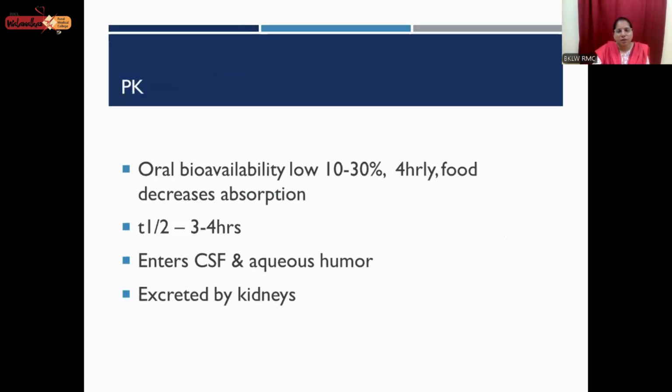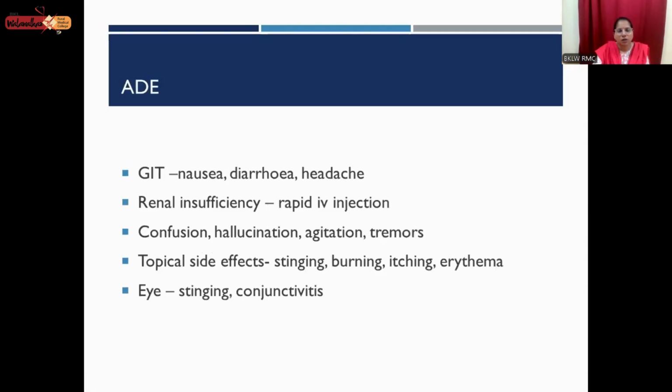It can be given by the oral route, with only 10 to 30% bioavailability. It can be given 4 hourly, and food decreases absorption. The half-life is 3 to 4 hours, it enters the CSF and aqueous humor, and is excreted by the renal system.